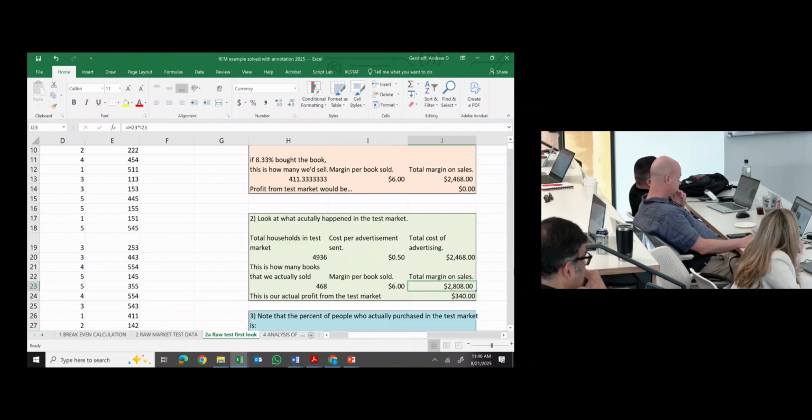So I brought in $2,808 from the test market. So I made $340. Is everybody okay with what happened in the test market? And so it suggests that maybe it would be okay to send advertisements out to everybody else because it looks like this is a moneymaker. I need 8.3% and I'm hitting a rate of 9.48%. So it looks like this would be a profitable strategy going forward.